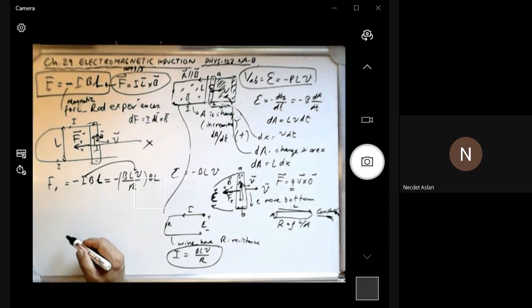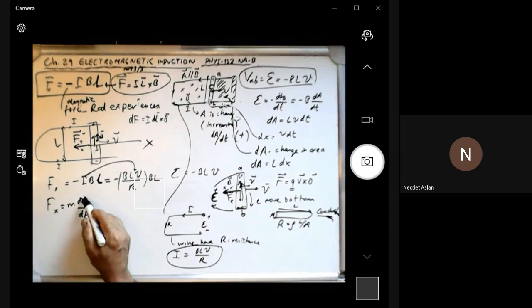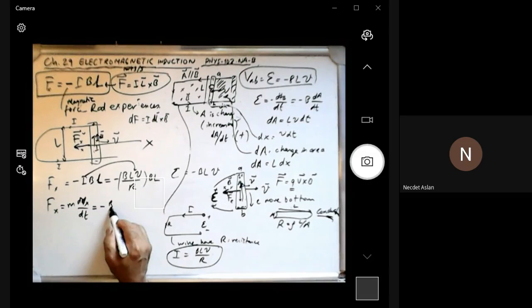Now Fx, which is m dVx over dt, or just the acceleration in the x direction, is given by minus B squared L squared v divided by the resistance of this rod.